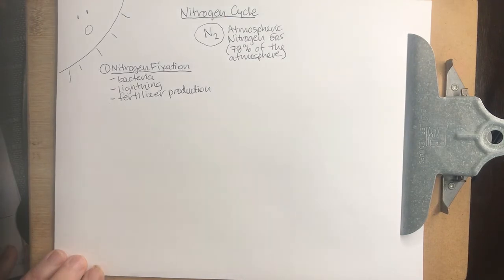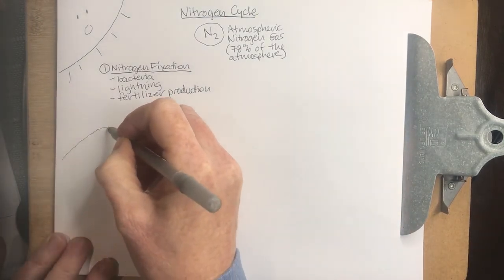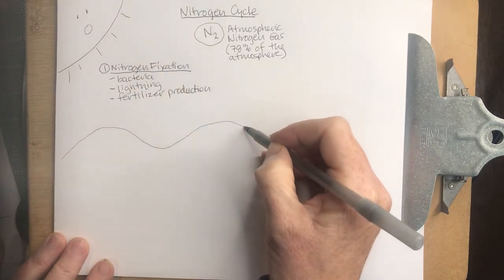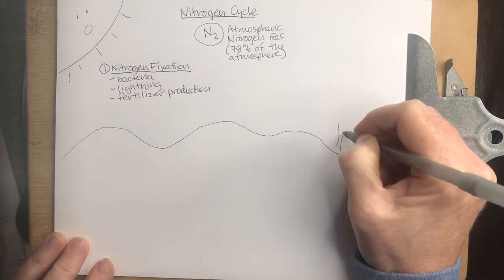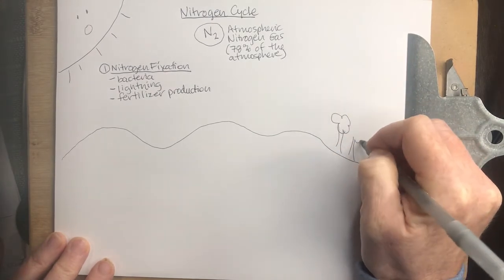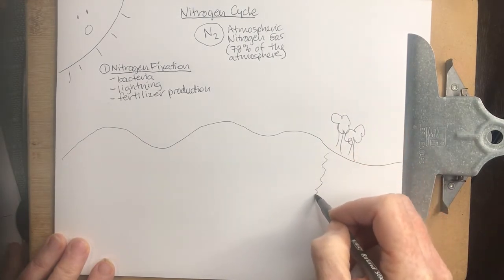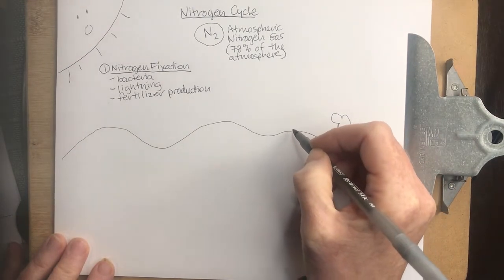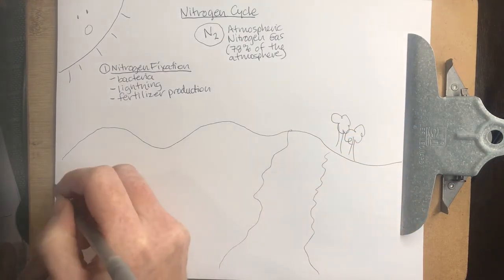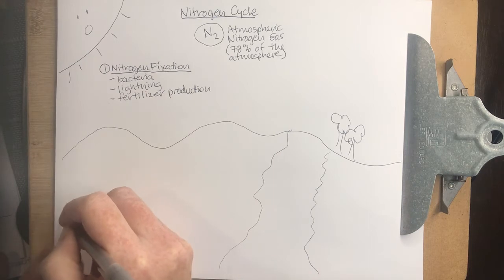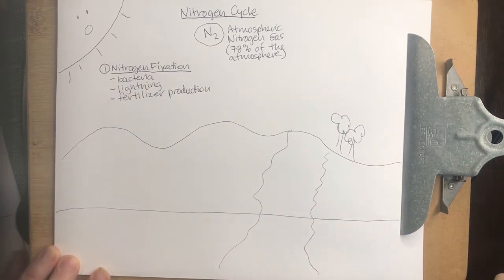All right, so we're going to sketch our little landscape. We've got a little hilly landscape here, and over here we've got a few trees, our token trees, and then we've got a little river coming down the hillside. This is going to be a cutaway to show us what's happening under the ground.